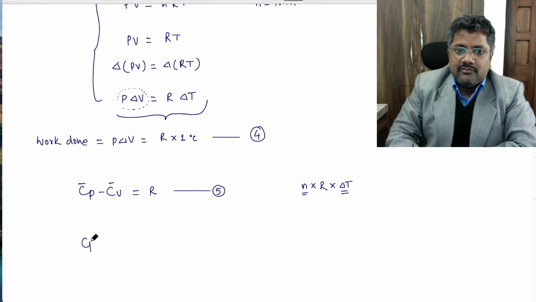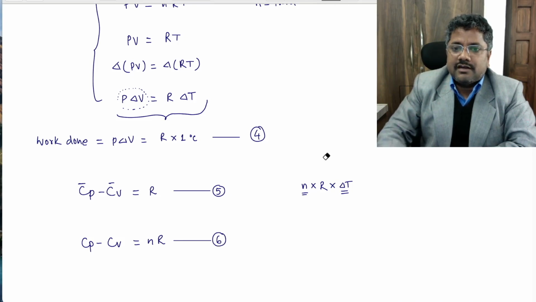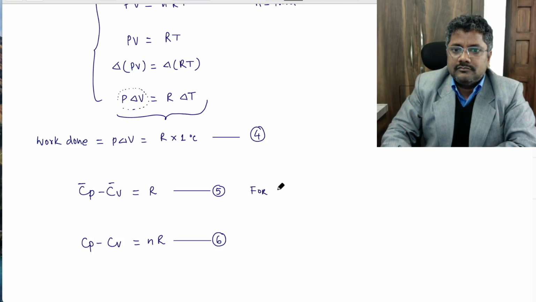Now for n moles, Cp minus Cv is equal to nR. This is equation 6 you can write. So this is for 1 mole, and this is for n moles.